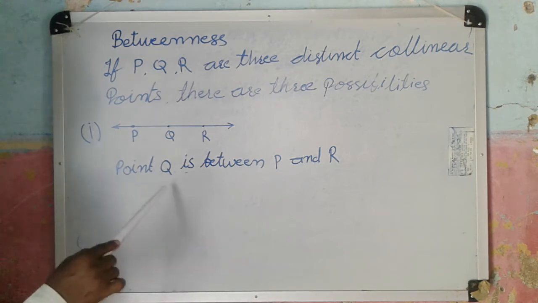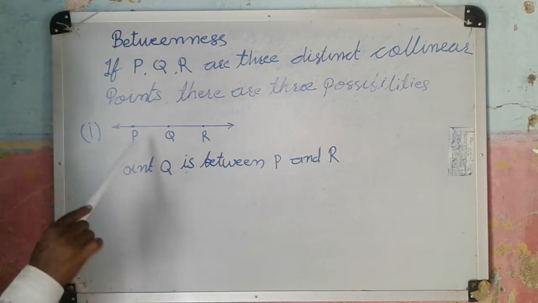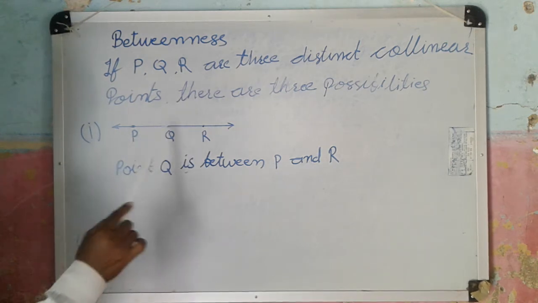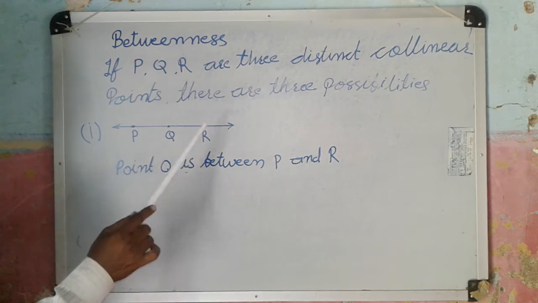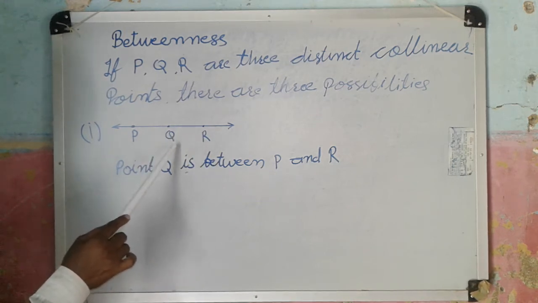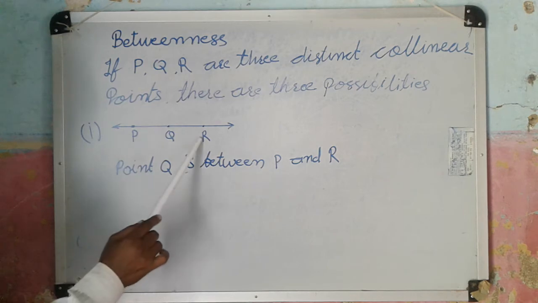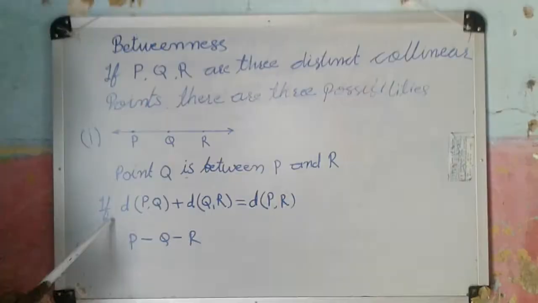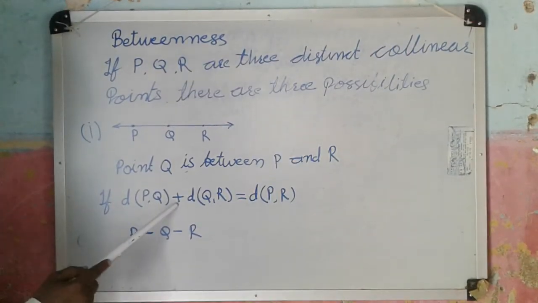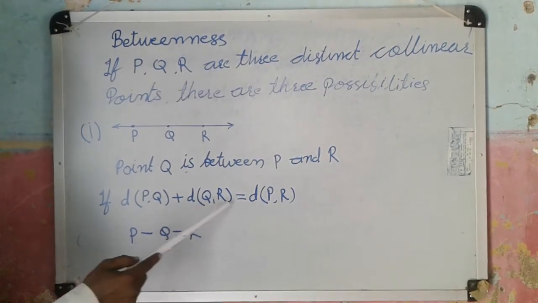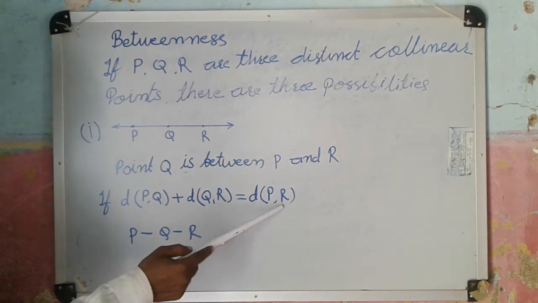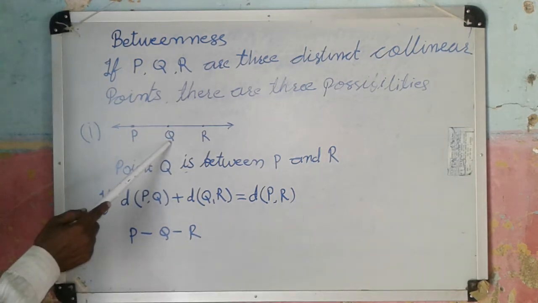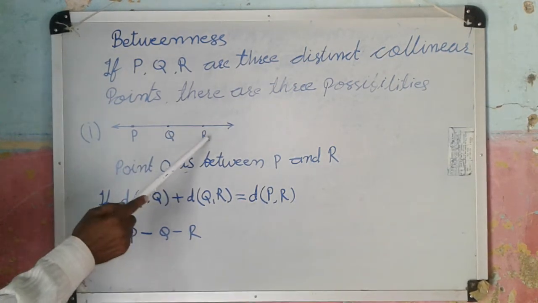And if such a situation is there, then we say that point Q is between P and R. That means if distance of PQ plus distance of QR is equal to distance of PR, then it is said that point Q is in between P and R.